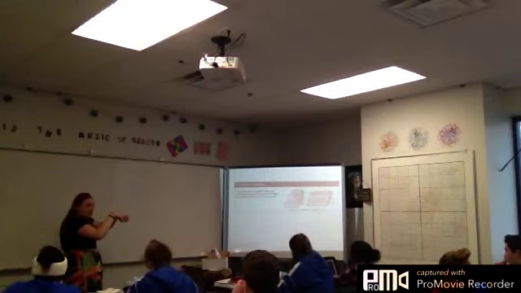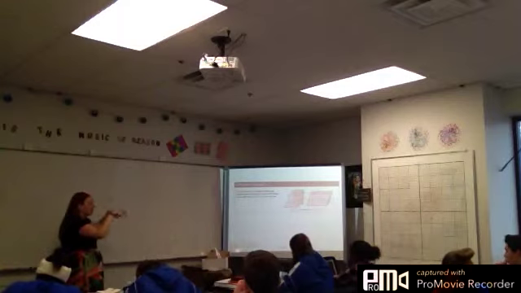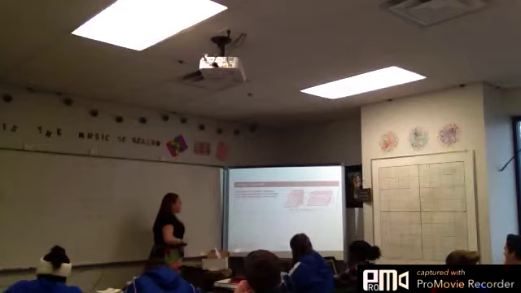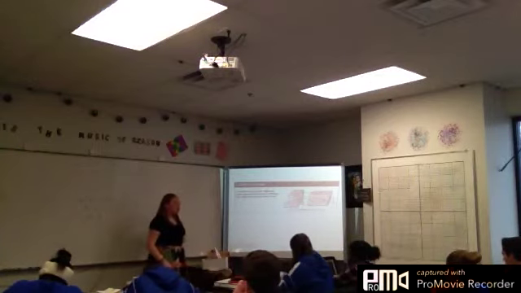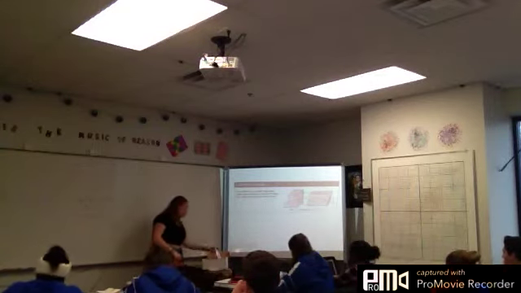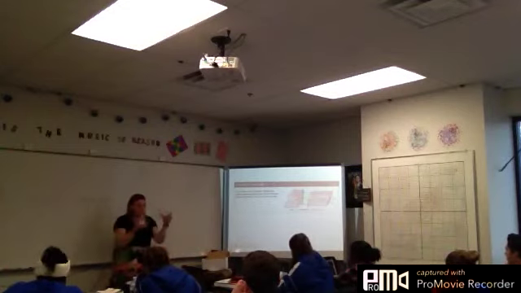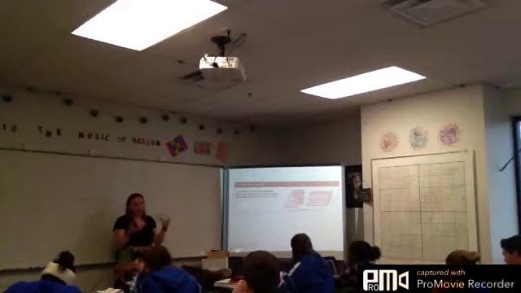If their cross sections have the same areas and their heights are the same, then their bases have the same volume. Meaning a cone can hold just as much as a cube, liquid-wise or whatever you're putting into it.